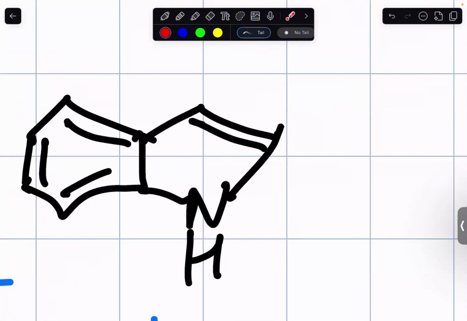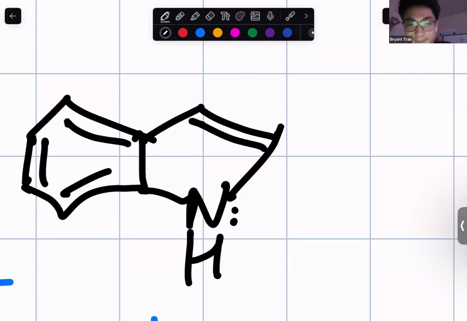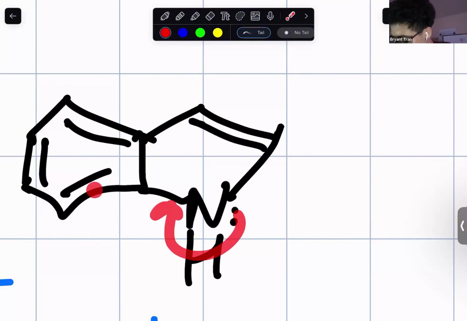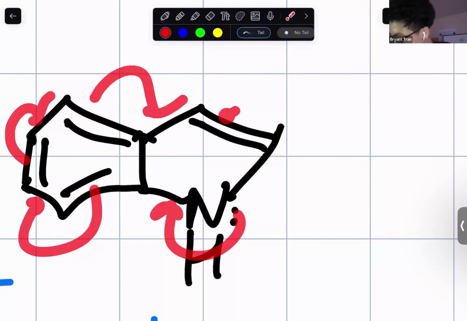Okay, well, first of all, the nitrogen has the lone pair. I think it is conjugated fully. It is fully conjugated, right? So that condition is satisfied.